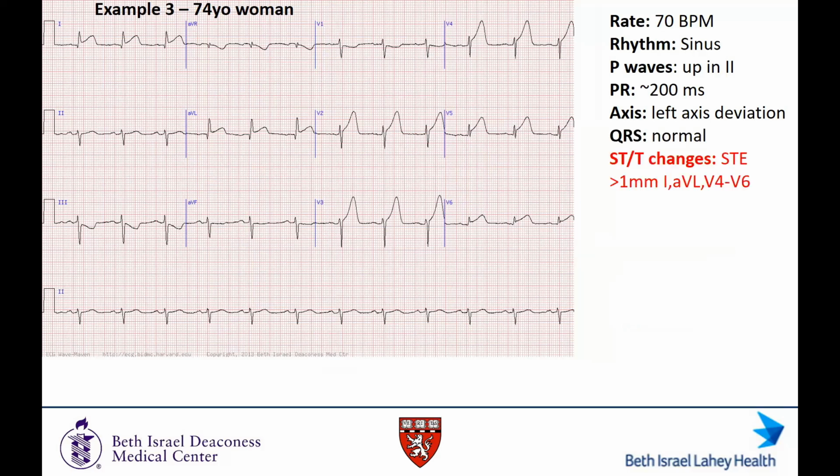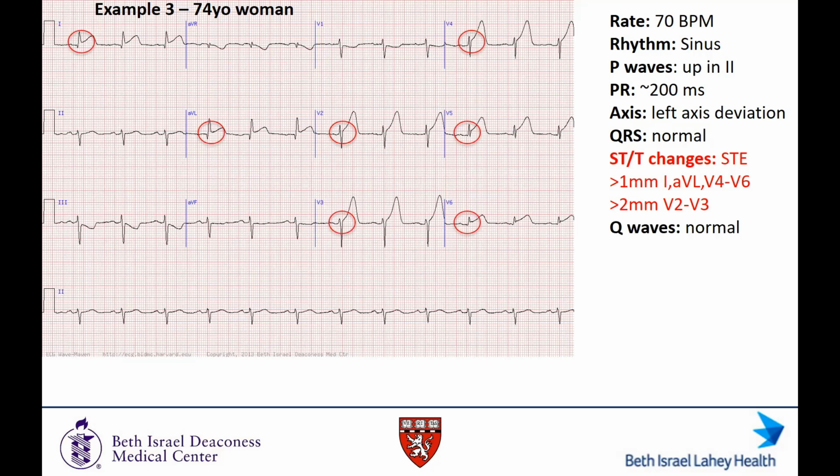QRS is narrow. ST changes, you probably pointed out in 1, AVL, V4, V5, V6, pretty apparent ST elevations greater than 1 millimeter and greater than 2 millimeters in V2 and V3.